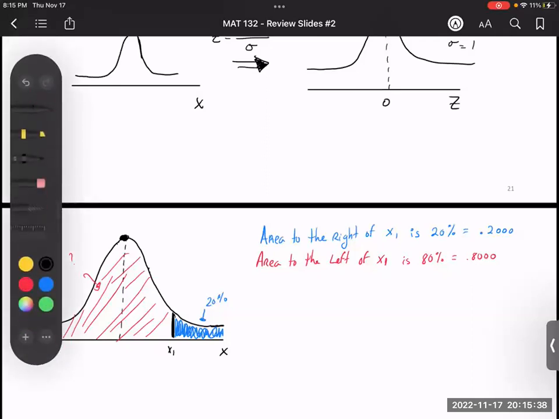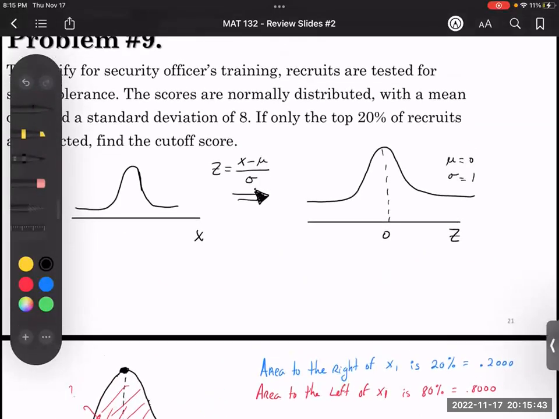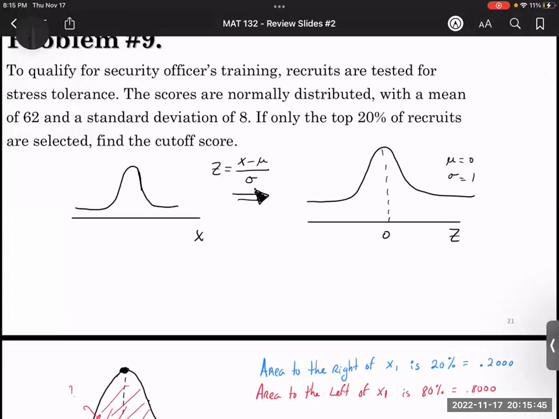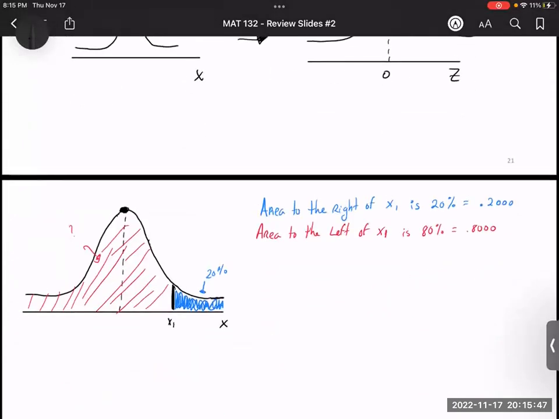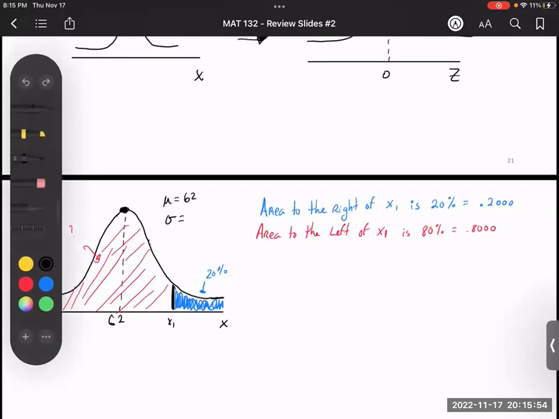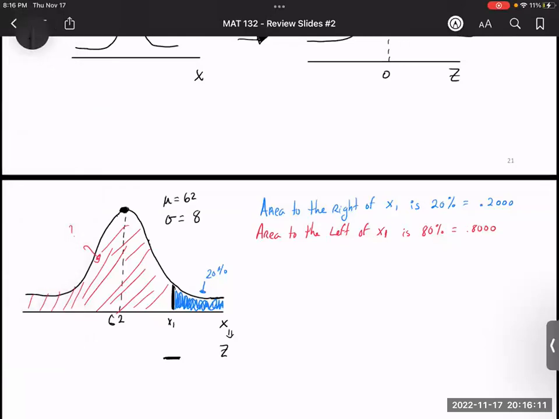Okay, so we know that for this distribution, the mean was 62, standard deviation was 8. What I need to do is first figure out the value of z that has an area to the left of 0.8, right?